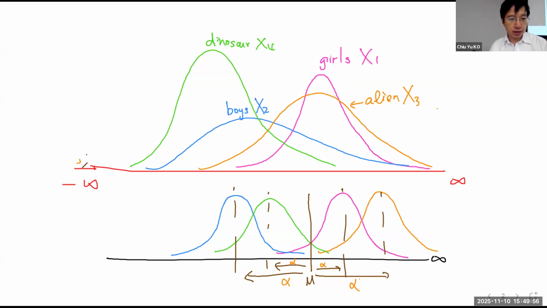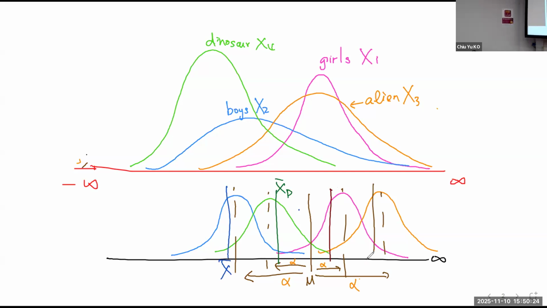This will give you an X bar, and look at the data in green, then you get another mean there. Dinosaur, and there will be another group that gives you another mean, somewhere here.